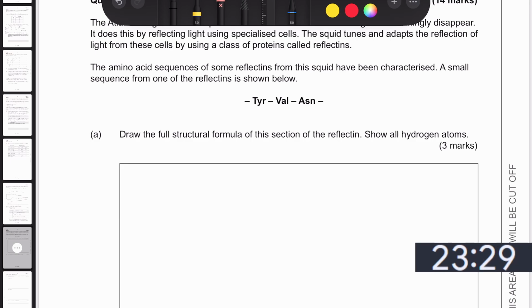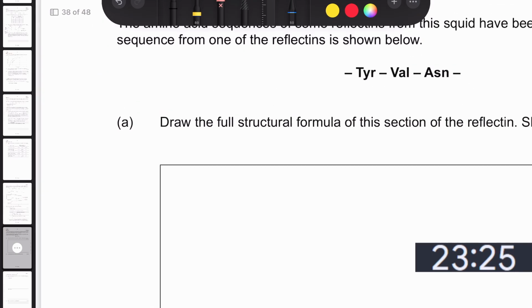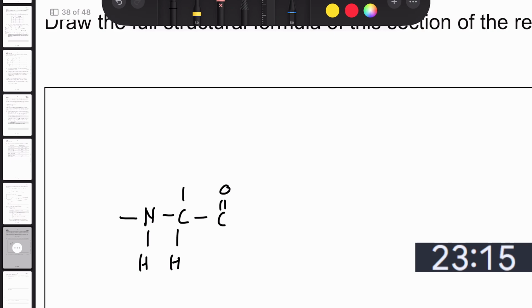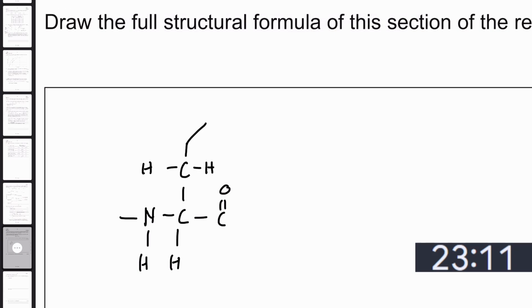Tyrosine is TYR. So I'm going to have here N, C, this is going to be an O. I'm going to have CH, H. This is going to be a benzene.